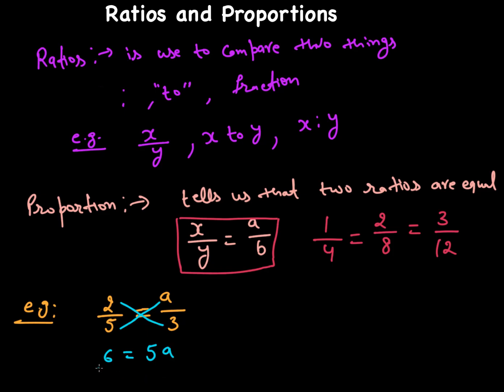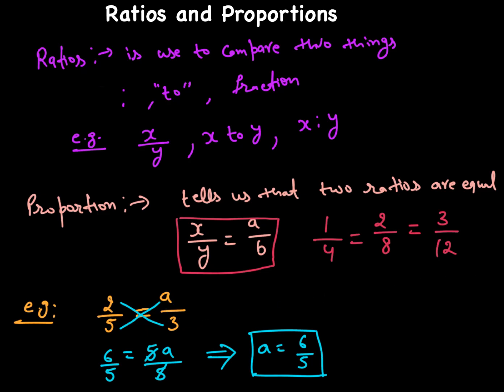Now we're gonna divide both sides by 5. 5 times 1 is 5, so that cancels out. Therefore this gives us a is equal to 6 over 5. So that's how you can find an unknown or missing number in a proportion.